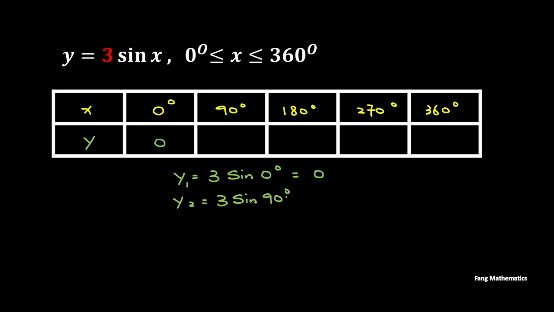So 3 sine 90 degrees should get you 3. In a similar way, you should get 3 sine 180 degrees as 0. In a similar manner, you should get -3 and 0.